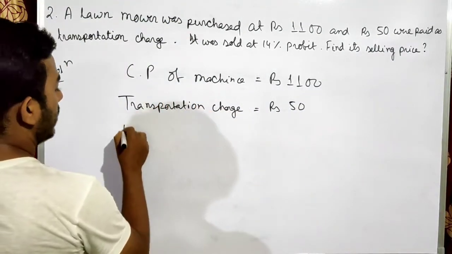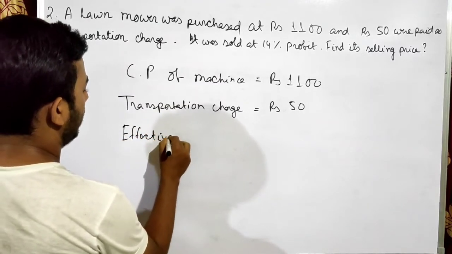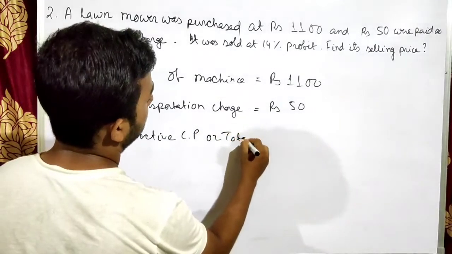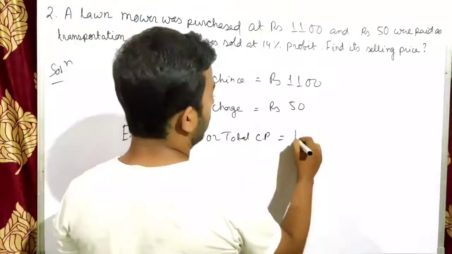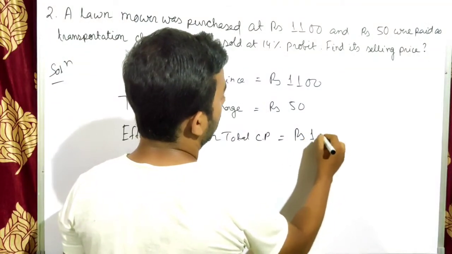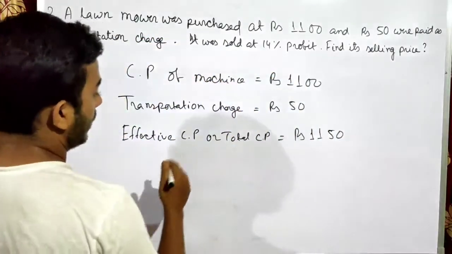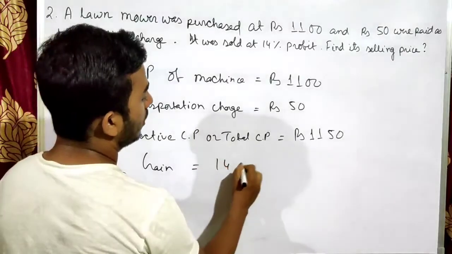So we write effective CP or total CP, whatever you want to say. Okay, so effective cost price will be how much? It will be rupees 1150. Okay, now what is given? Profit, that is gain. Gain equals 14%.